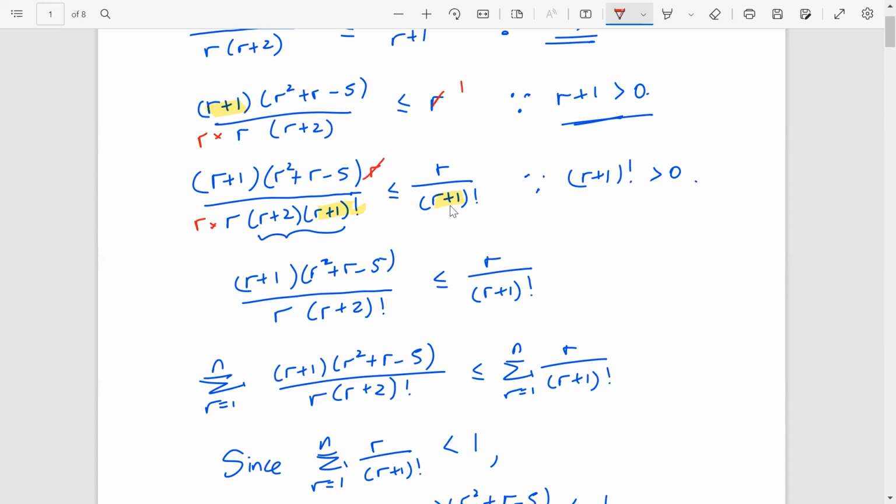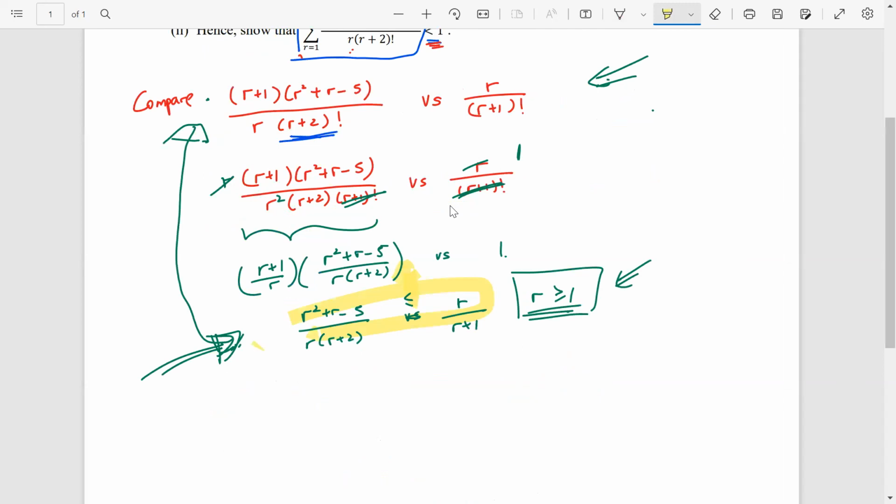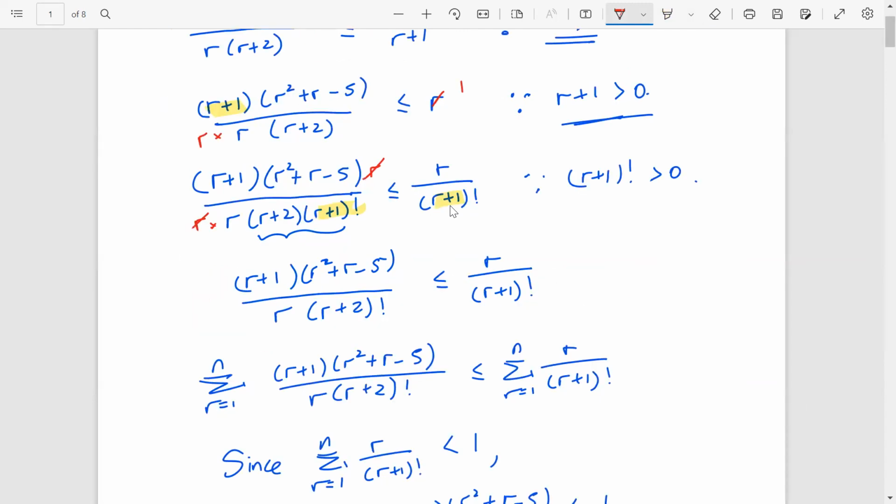And you will still cancel them out. So it is actually working backwards from this to this to this. Finally, in this third step, I cancelled away r plus 1 factorial. That is why in my third step, I multiply back r plus 1 factorial.